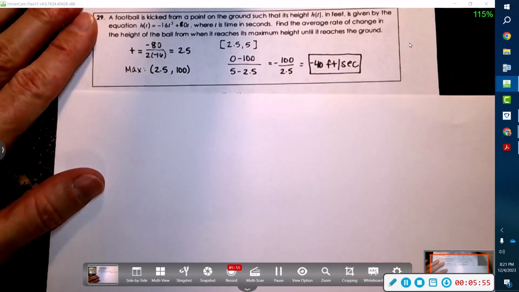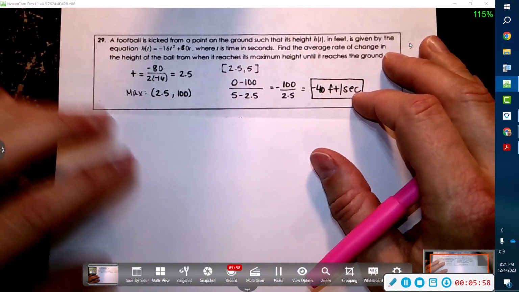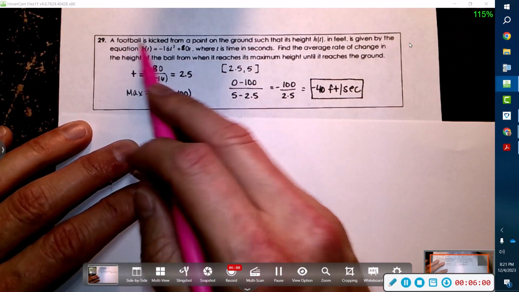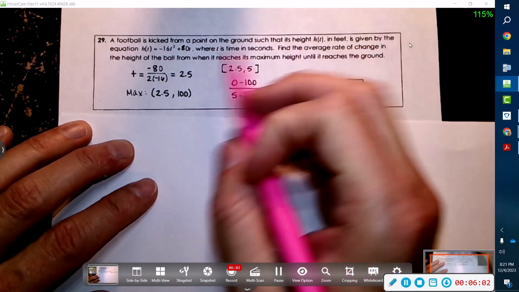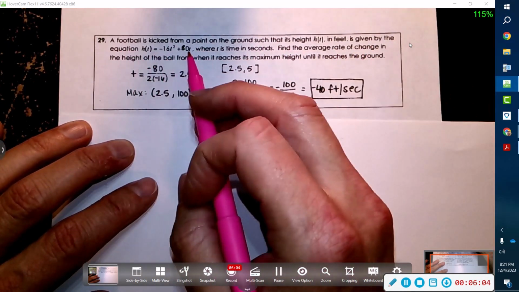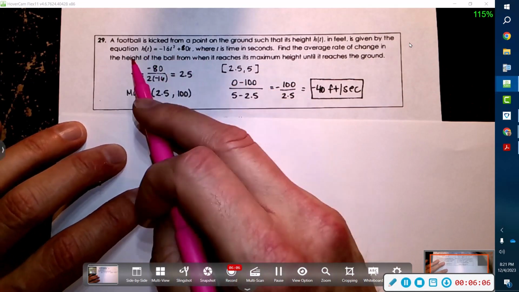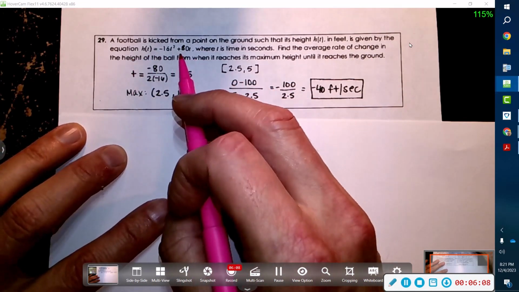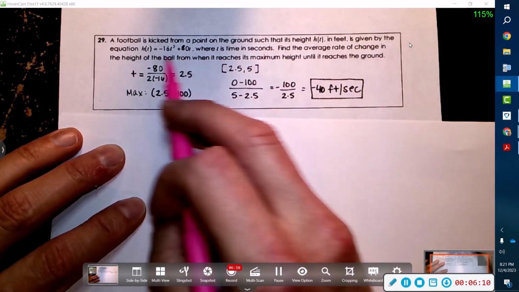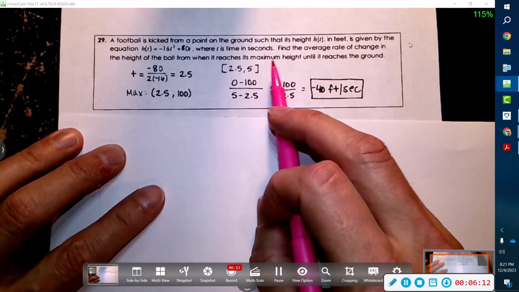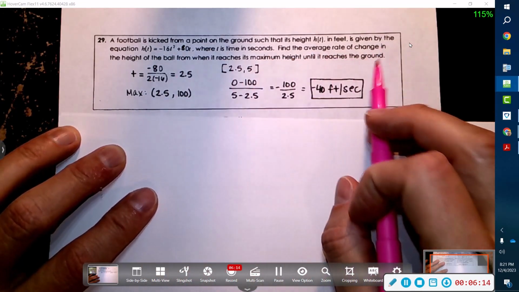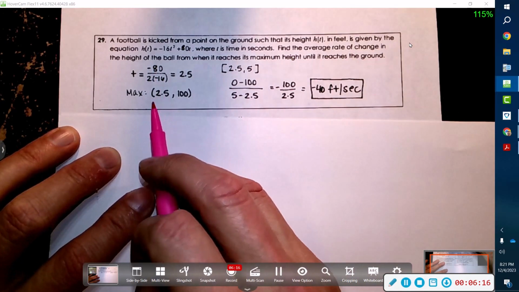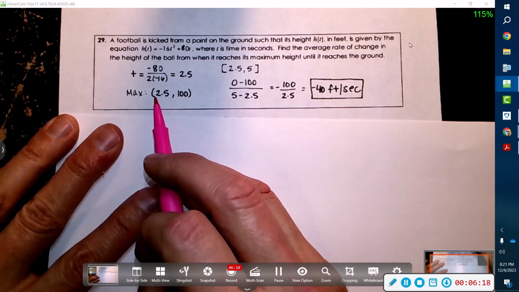Okay, so it looks like this is actually the average rate of change here, except they gave you a formula, and it looks like they just want to know, here's the formula, the model for the football. They want the average rate of change from when it reaches its maximum height until it reaches the ground. So where does it reach its maximum height?